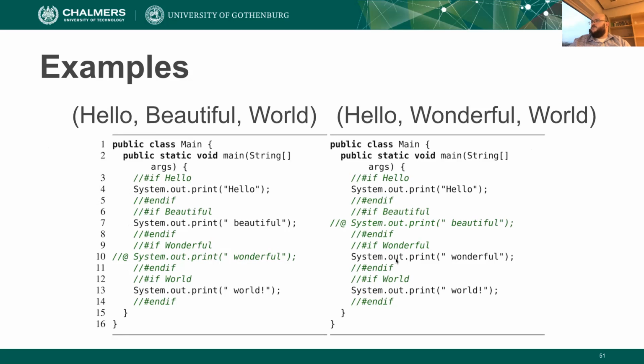In the second version, we did, so line 10 is included, but we did not select beautiful, so line 7 is now excluded. It's commented out with this little dash and the slash and an @ sign to indicate that antenna removed this line, right? But this means we can pass this code through antenna, it'll comment out the code we don't want, and then we can invoke the compiler on that.